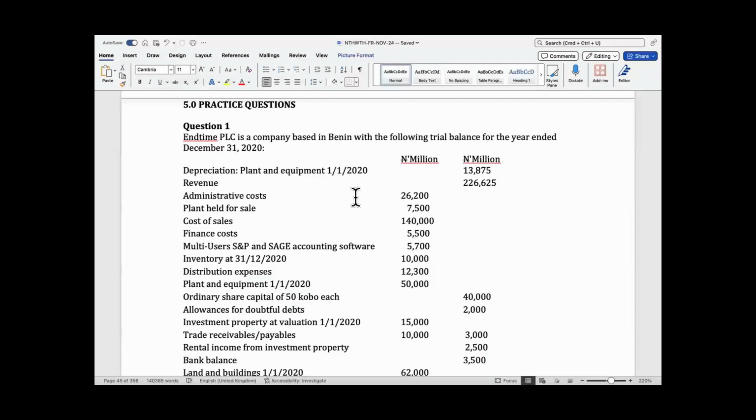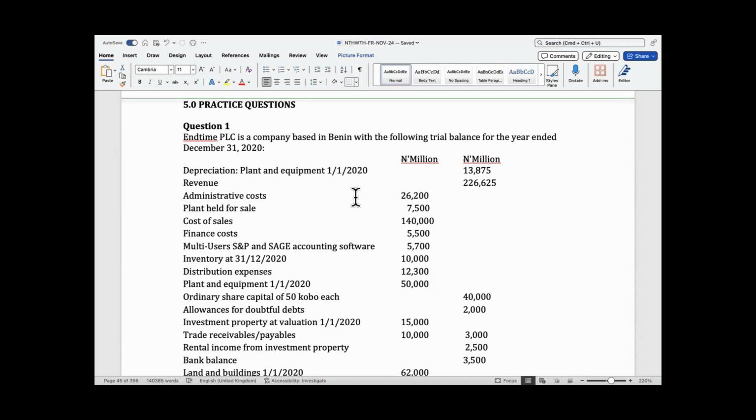Either P&L or balance sheets, which of course is statement of financial position, statement of changes in equity. So they will give you a trial balance and they will give you some additional information. Then they will ask you to prepare those statements. Or they can ask you to prepare a statement of cash flows.